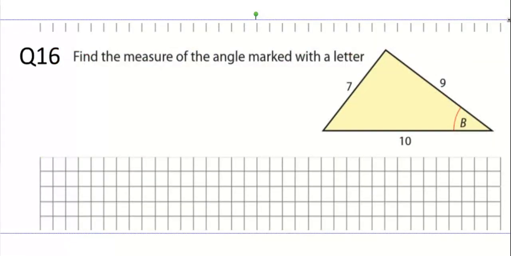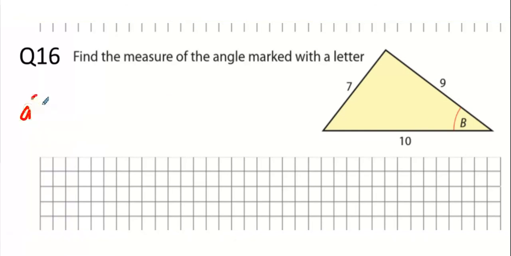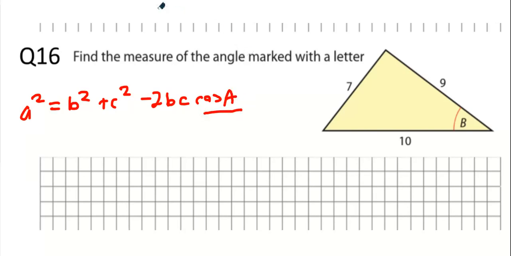Find the measure of the angle marked with the letter B. This is an angle question, so once again we're going to use the cosine rule. Once you pick the angle, then you've automatically picked the length that's on its own on the left side. So if I pick B, I automatically pick 7 because 7 is the side that looks at it.